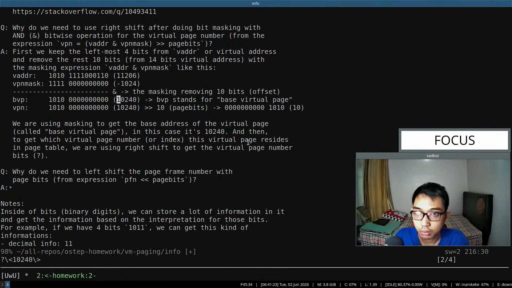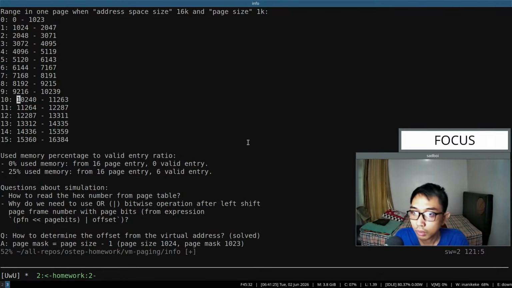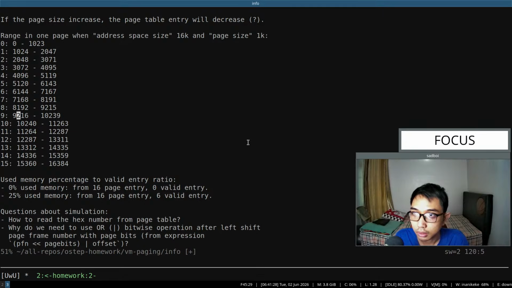If you take a look, in this case we have the address space size 16K and page size 1K, right?